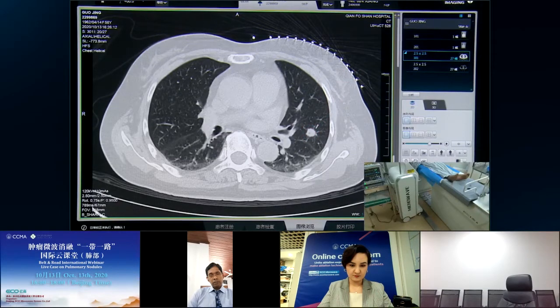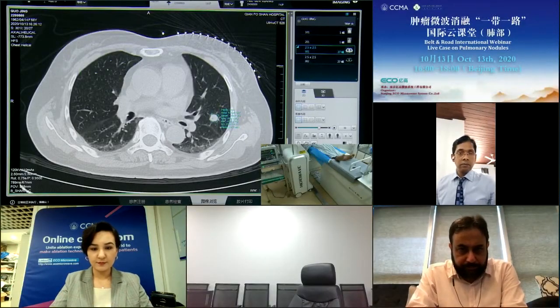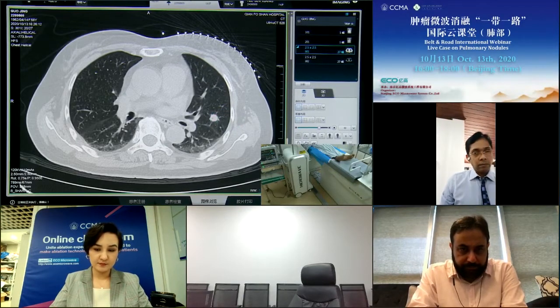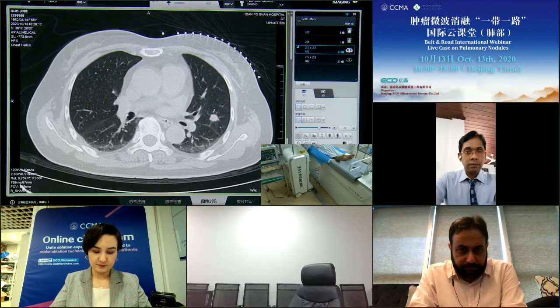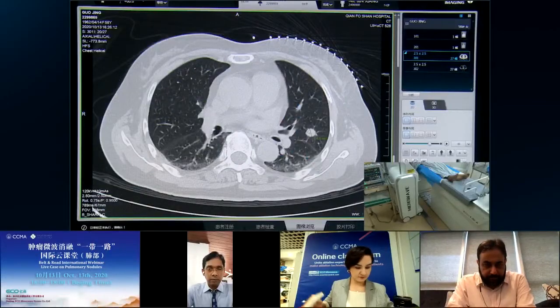So Dr. Ye is making the pre-operation plan. We can see that the diameter of the lesion is around 14 millimeters.